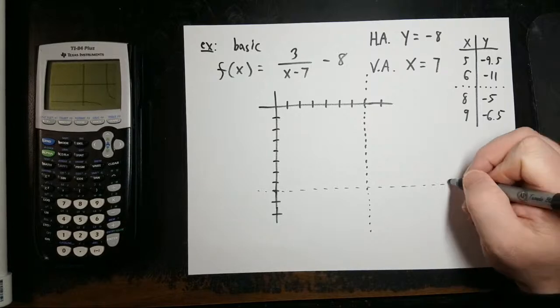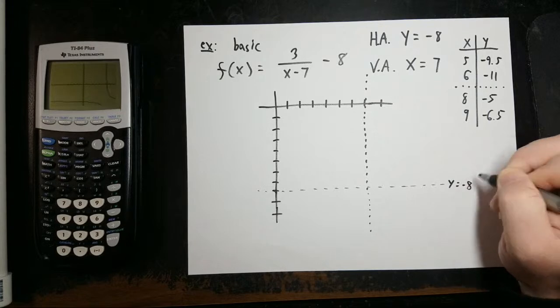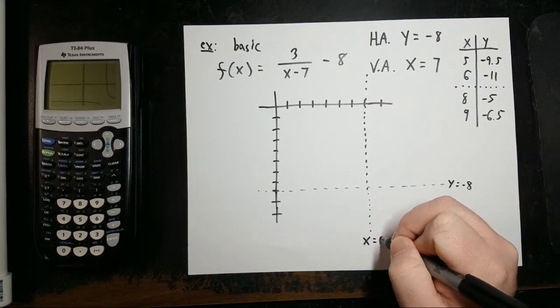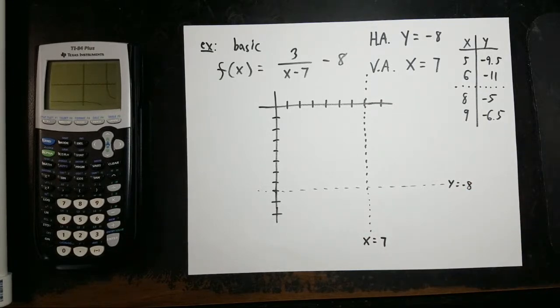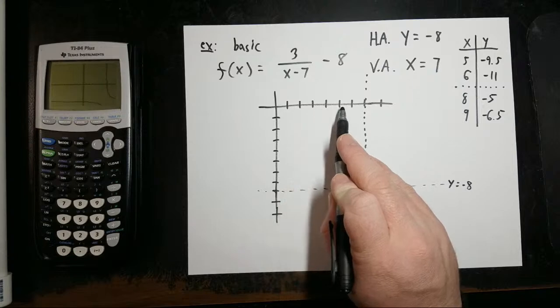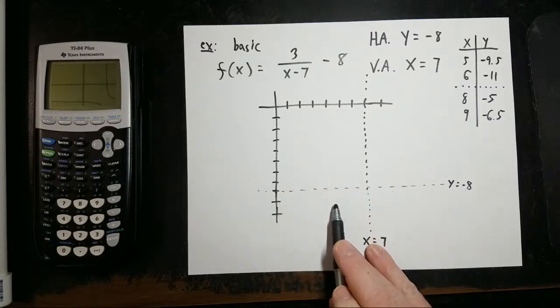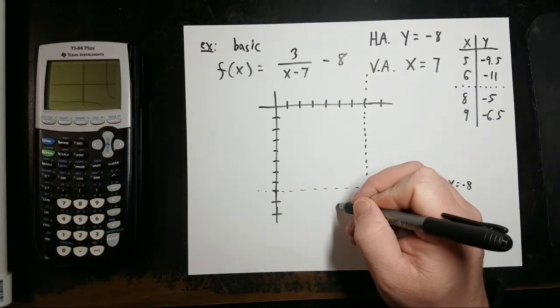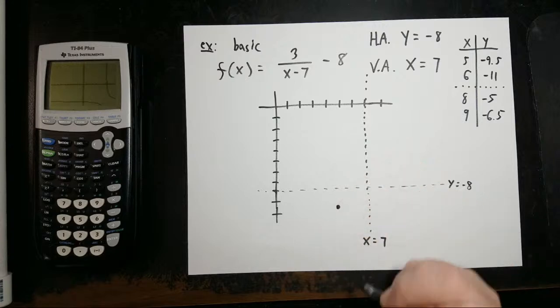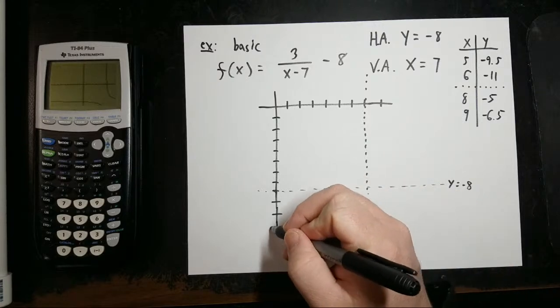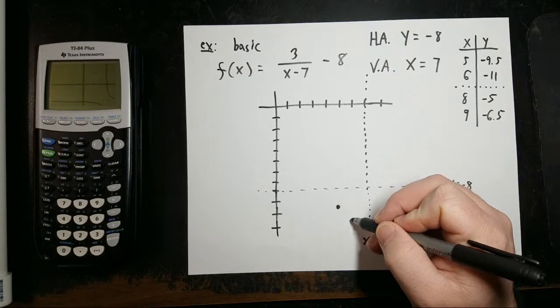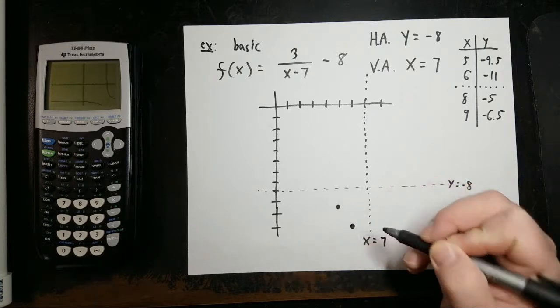In fact, if it helps, you can put something in like that. And let's put some ordered pairs in there. We got 1, 2, 3, 4, 5. That's -9.5, which is about right there. And 6, -11, which is about right there.